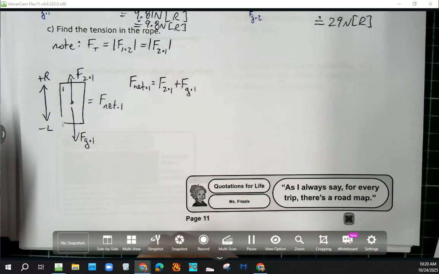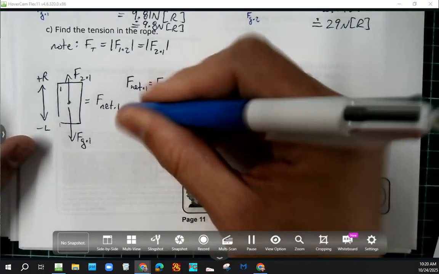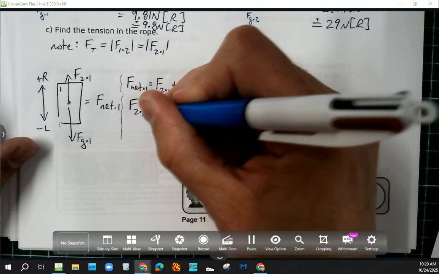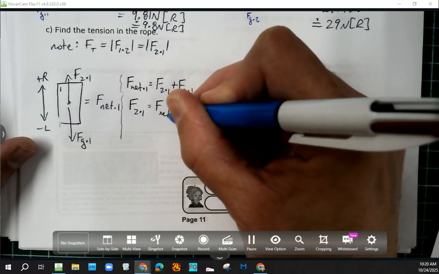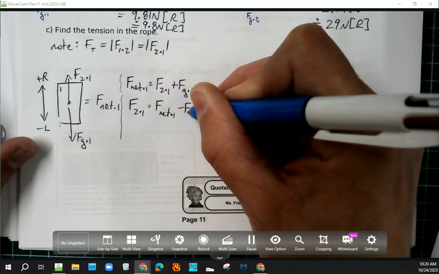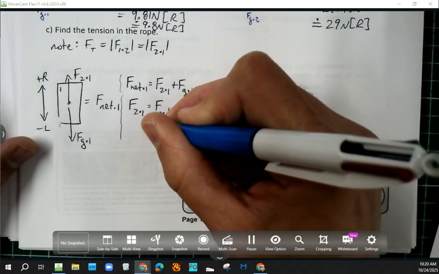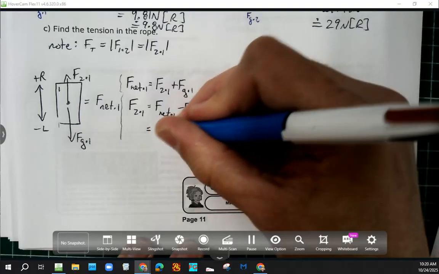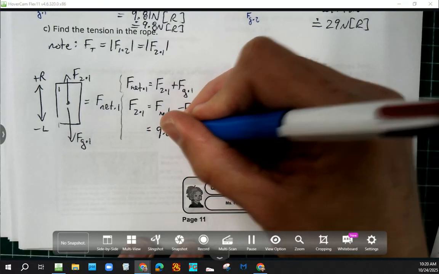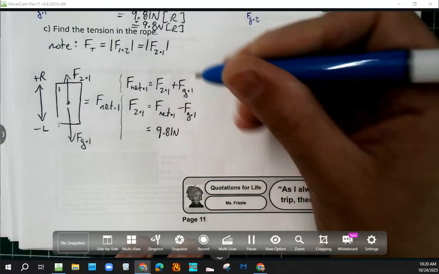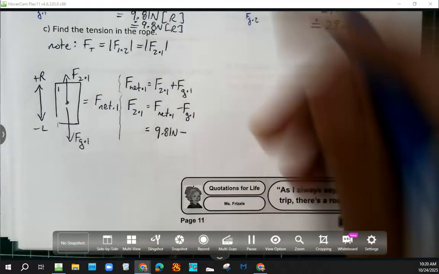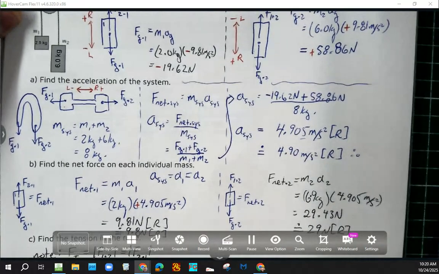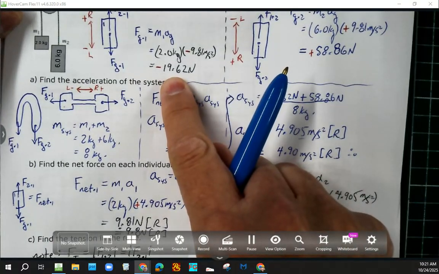And what am I trying to find here? I'm trying to find tension. So I'm trying to get force of 2 acting on 1 all by itself. Force of 2 acting on 1 is equal to F net 1 minus FG1. Now today I happen to have already done the figuring on F net 1. F net 1 unrounded was 9.81 newtons, and it was to the right, so it's positive, minus FG1, and I'll just scan up to the top of the page here, which was negative 19.62 newtons.